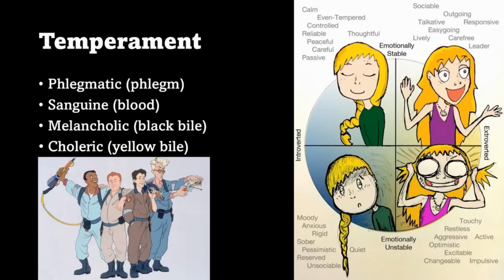Then over on the right, you can see the sanguine character, blood. This person is sociable, outgoing, responsive, talkative, easygoing, lively, carefree, and a leader. This is a kind of sunny disposition, the life and soul of the party, someone who's generally quite positive. I think of this person as that Beatles song, Here Comes the Sun, the George Harrison one.